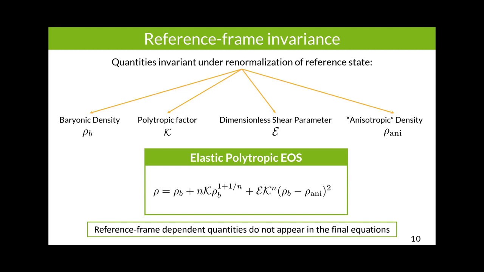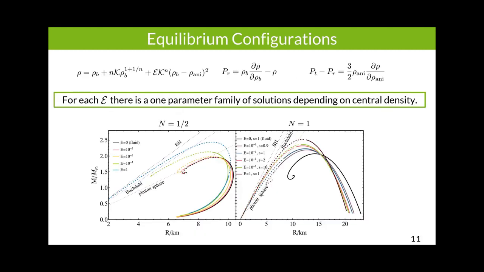This does not happen for all materials. It's a particular case of some materials, as we'll see here. But there are a lot of interesting properties. One of them is that you don't need to take one extra parameter when you are considering the model. As you see here, there is one parameter that you need to care about, which is epsilon, which quantifies the elasticity. So when epsilon is 0, you are in the fluid.